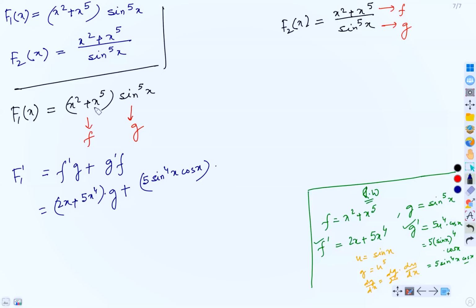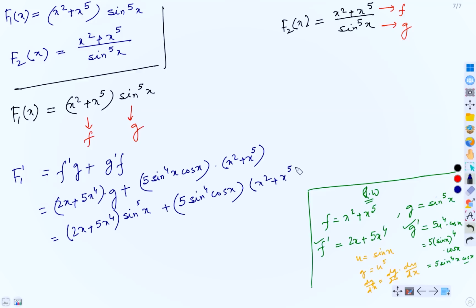What is our f of x? Our f of x is x^2 plus x^5. Substituting the values, we get (2x + 5x^4) times sin 5x plus 5 sin^4 x cosine x times (x^2 + x^5). So this is our f1 dash x.